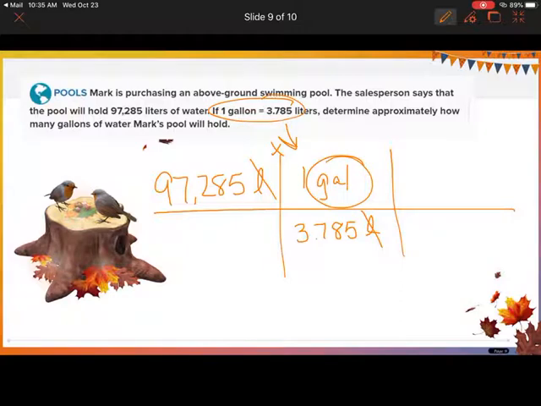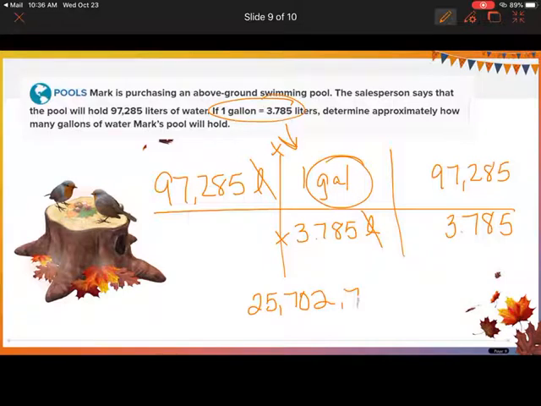So I multiply these, and then I divide what I get in the end. So that's 97,000 divided by 3.785. I need to get my calculator out to do that. And that is 25,702.77, and that is going to be gallons because that's what's left.